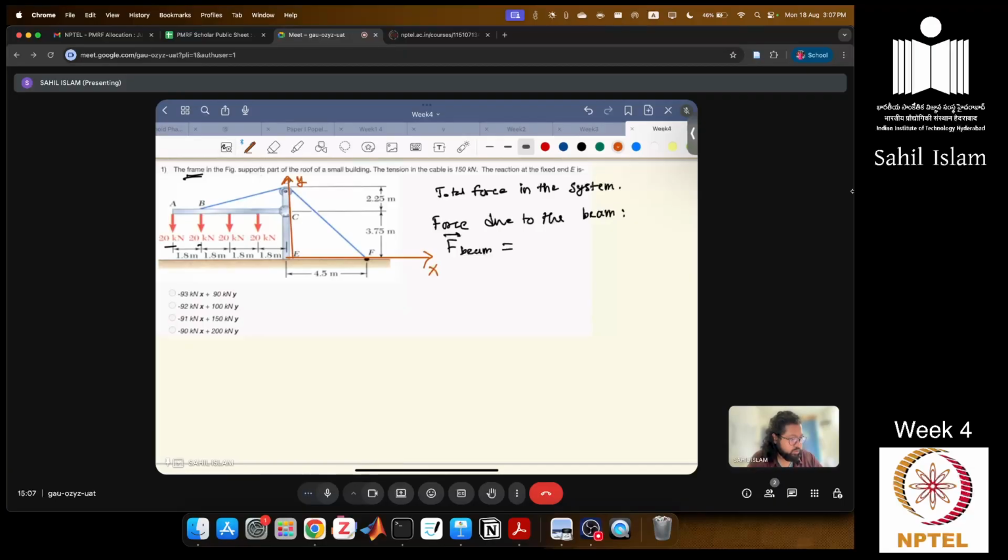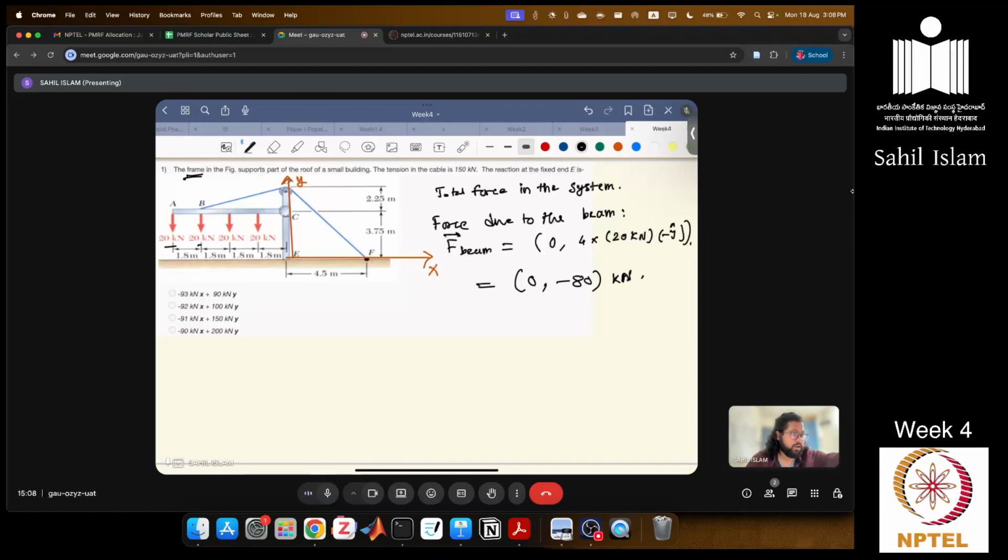For the beam, there is no component along the x direction, but in the y direction, 4 into 20 kilonewton in the minus y cap direction. So this becomes 0 comma minus 80 kilonewton. This is the force F beam.